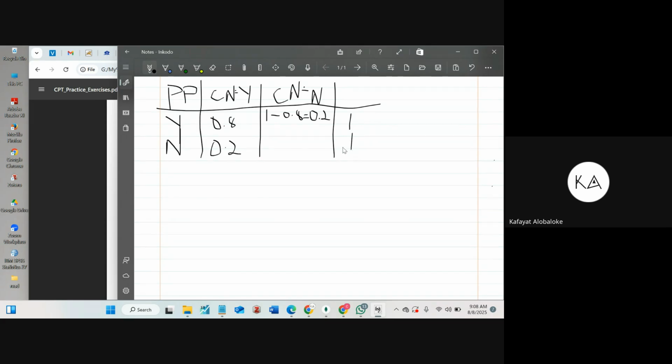And also the next one, 1 minus 0.2. This gives us what? 0.8.